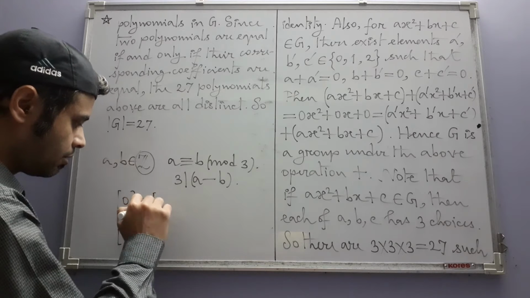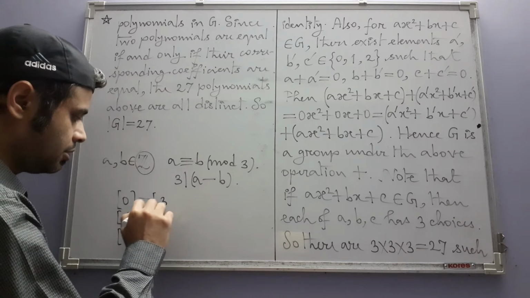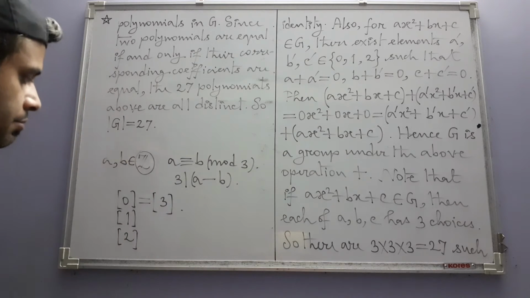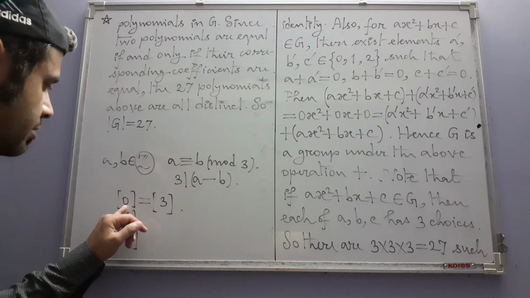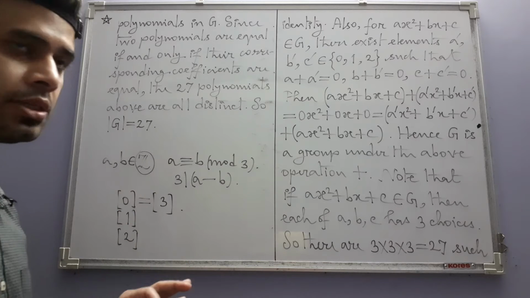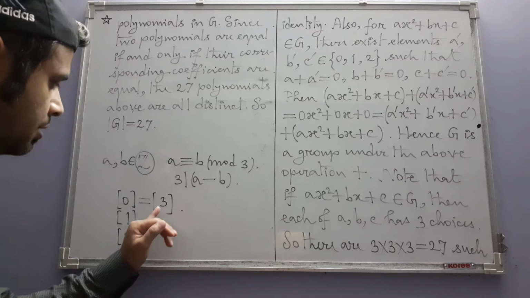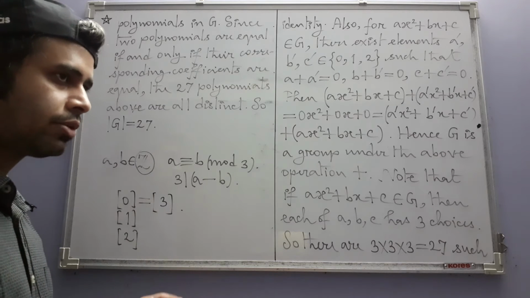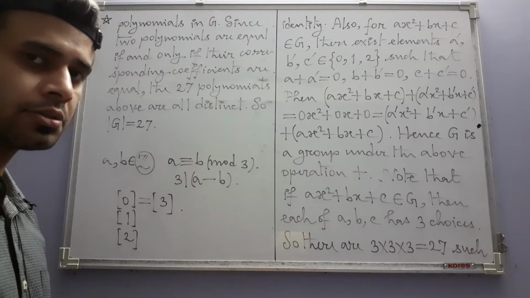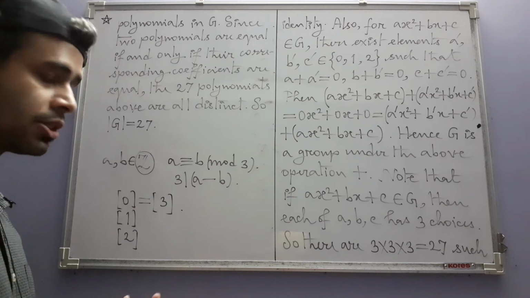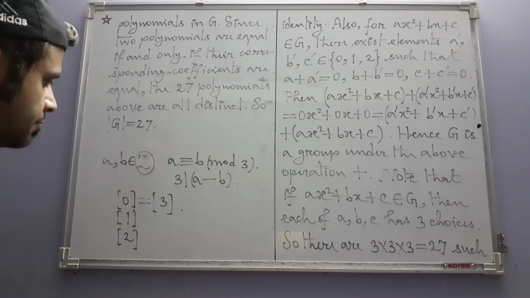Now, instead of writing like this, one can also write, for example, 3, because just like 0 is a representative element of this class, the integer 3, or in fact any multiple of 3, is also a representative of the class.